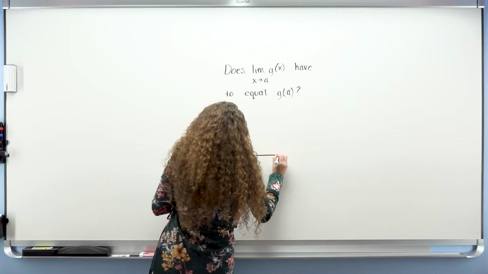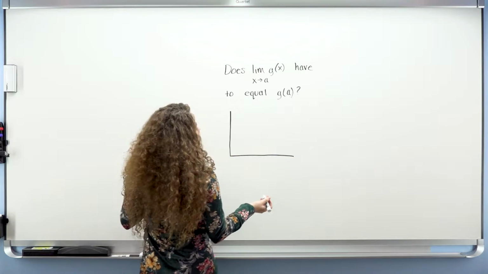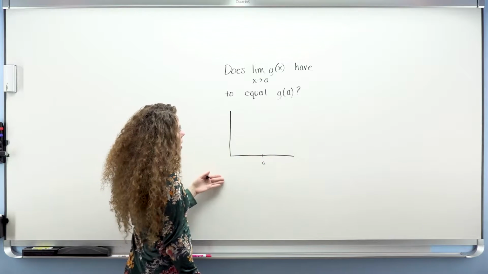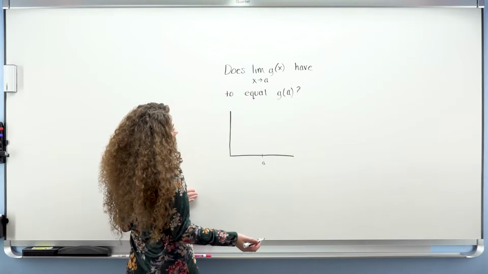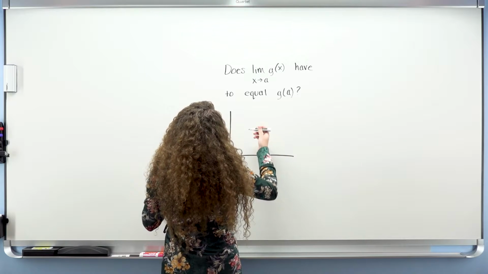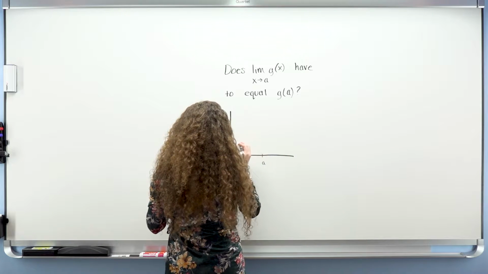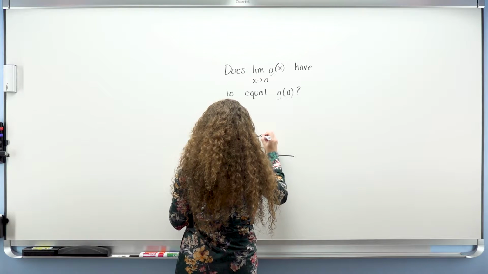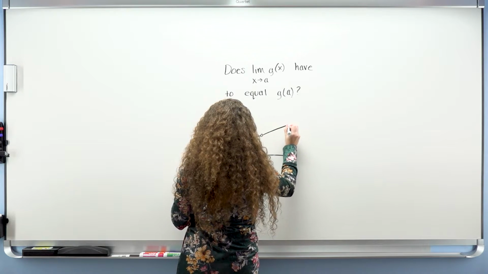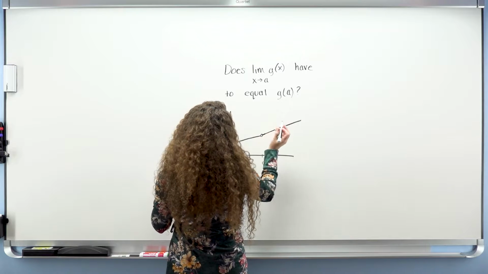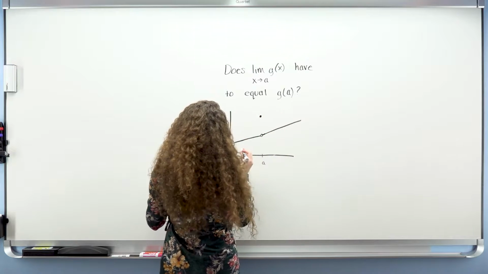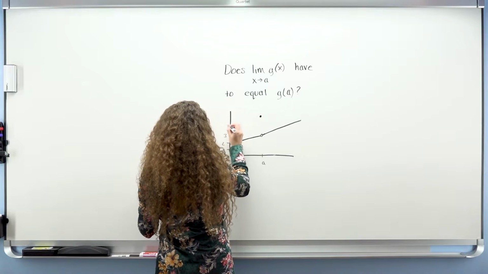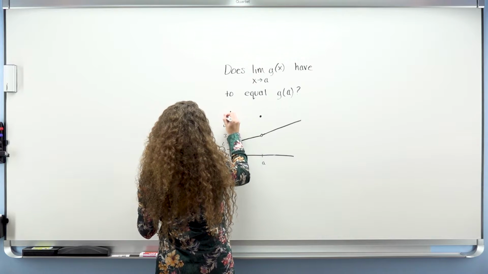So let's say we have a graph, and this is a, some value on our x. So g of a can equal some number. Let's say our graph looks like this, and there, 1, 2, 3, 4, 5.